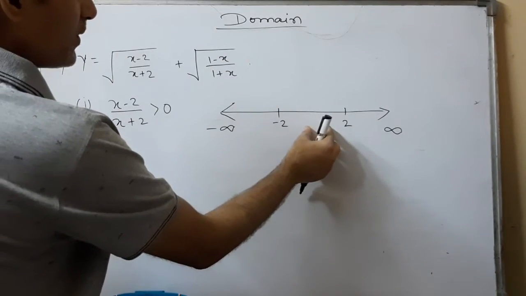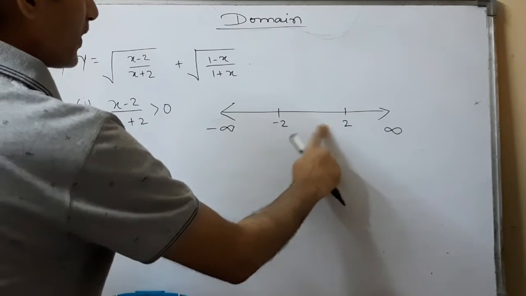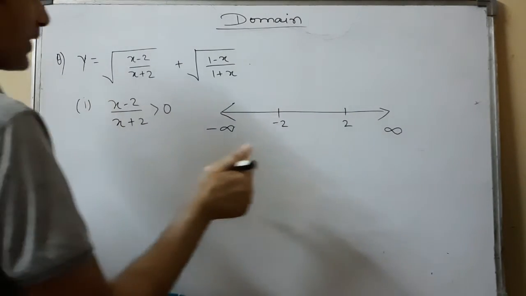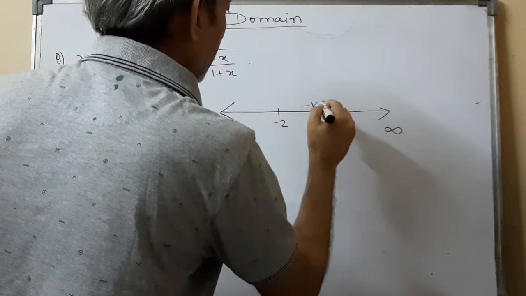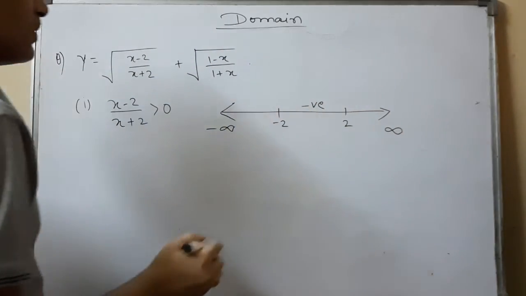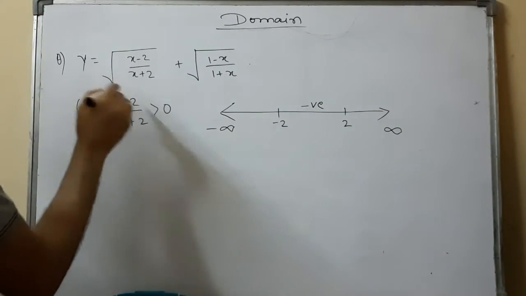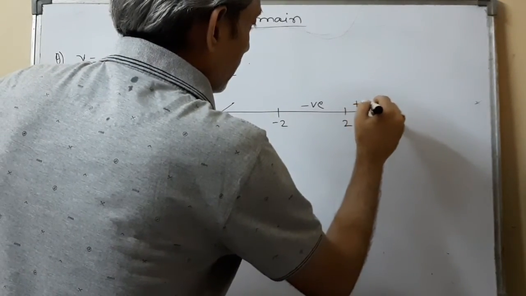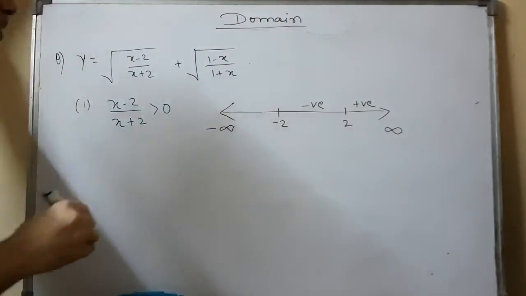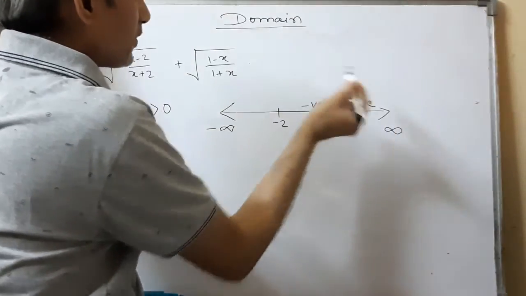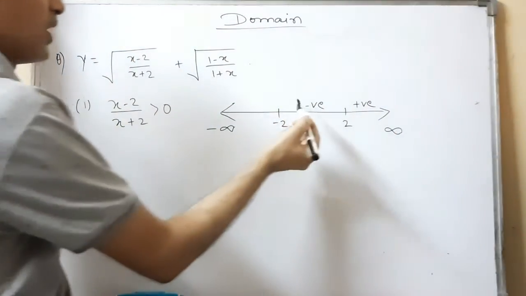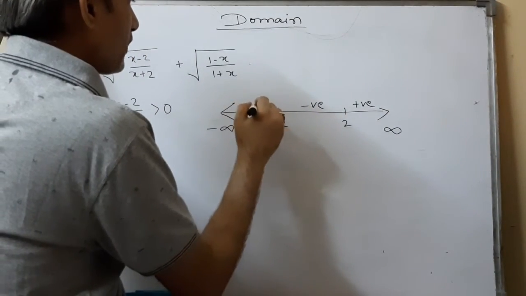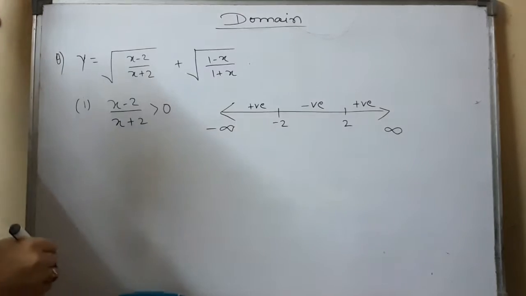Let's say I take 0 from here, it lies here. Put it here, 0. We are getting negative, means if you take any value from this subinterval, the value of this expression will remain negative, and therefore, as I have explained earlier, in the subsequent subinterval, sign will get changed, reversed. Similarly, here it will be positive.